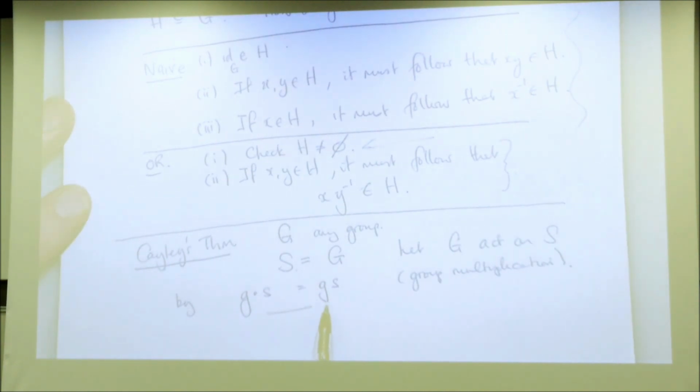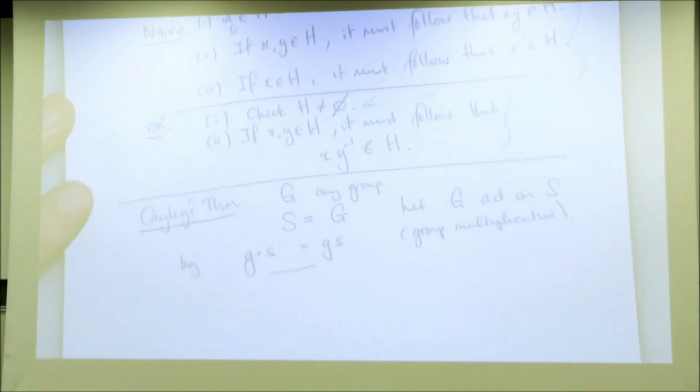And then, when you do that, what happens? This turns G into a permutation group.